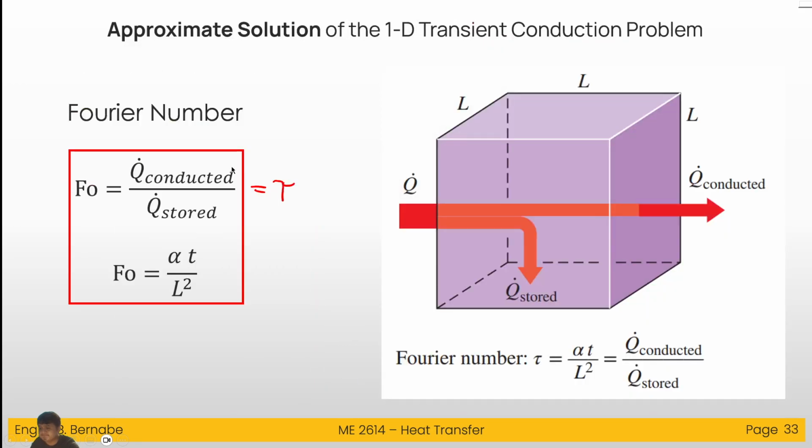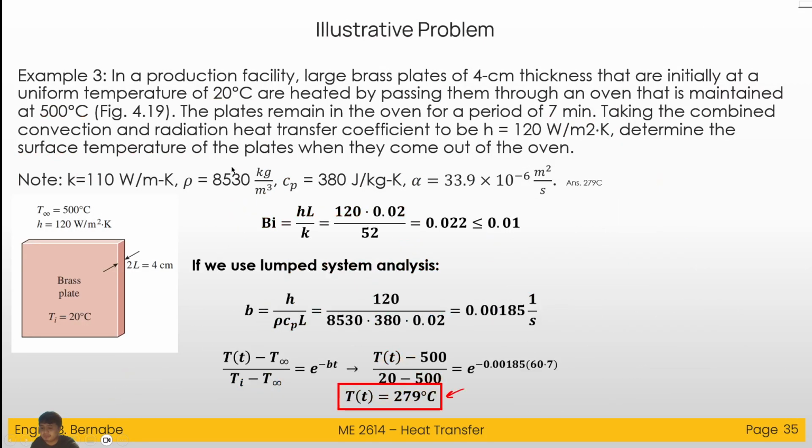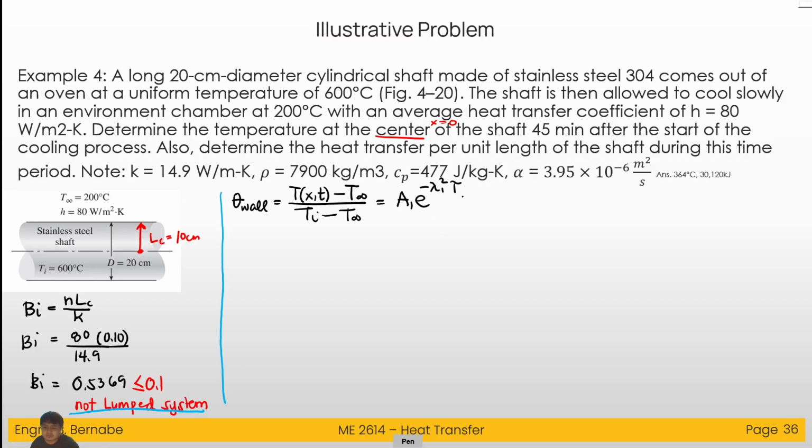You have the Bessel function J0, and then you have the lambda, and then r over r0. So what are the givens? What can we find?